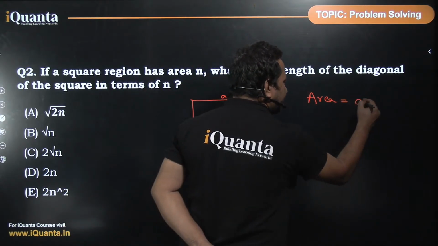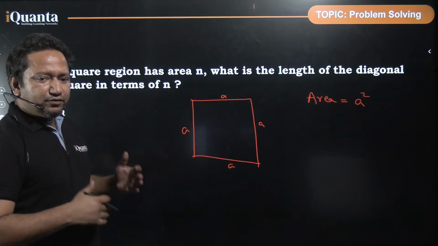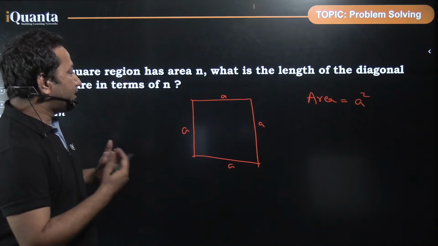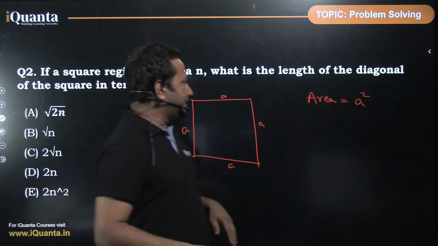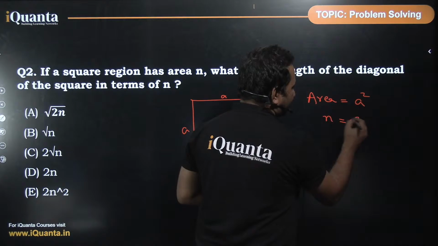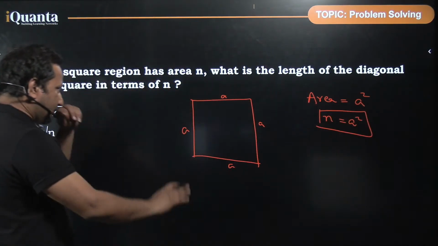That means area will be equal to a squared. a is an assumption we have to find in terms of n later. For us, the area is a squared. For them, the area is n. So I can say that n is equal to a squared. And this will be our connecting link to the solution.